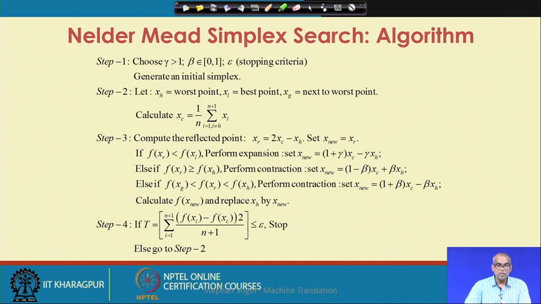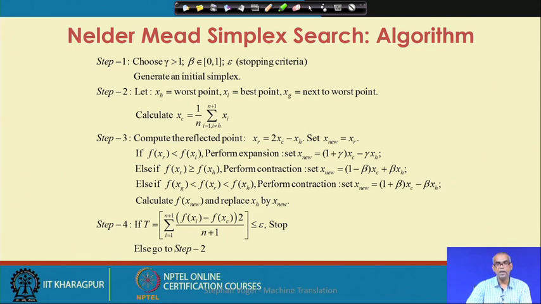Let xh be the worst point, that means if I am minimizing a function, xh has the highest function value, xl be the best point, that means for minimization of a function xl has the lowest function value, and let us consider xg is the point which is next to the worst point.